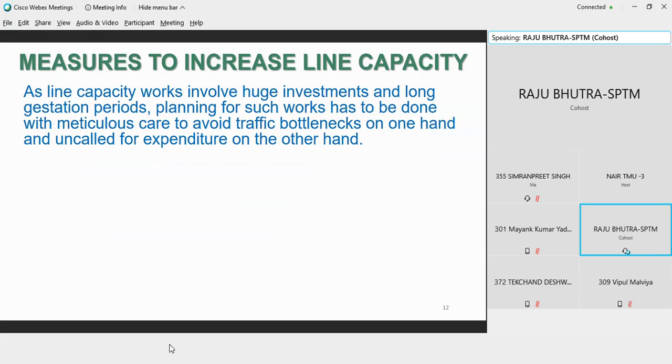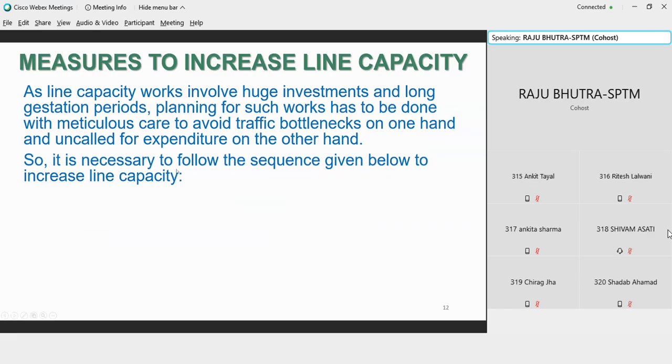The results take a very long time to be achieved. So planning has to be done very meticulously, and while carrying out these works, a lot of traffic bottlenecks will also be created, which has to be taken care of, and it has to be ensured that there is no wasteful expenditure.